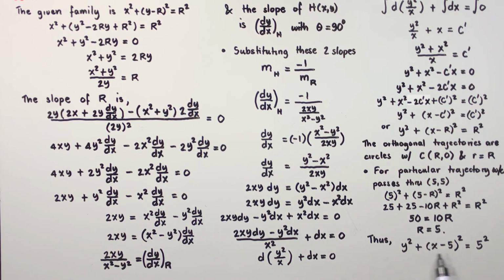Or you can write this one as x squared plus y squared minus 10x, which is equal to 0, because the positive 25 here and the 25 at the right cancel each other. Then therefore, the particular orthogonal trajectory is a circle whose center is at the point 5, 0 with radius 5. And this is now the particular trajectory that passes through the point 5, 5.